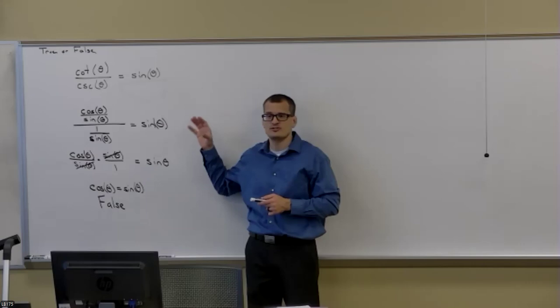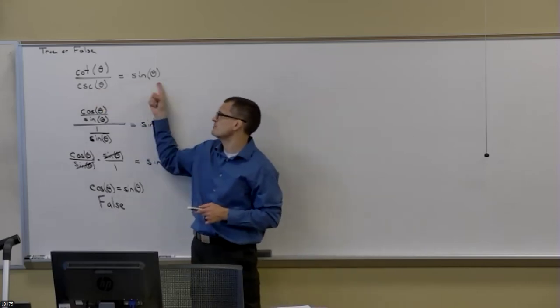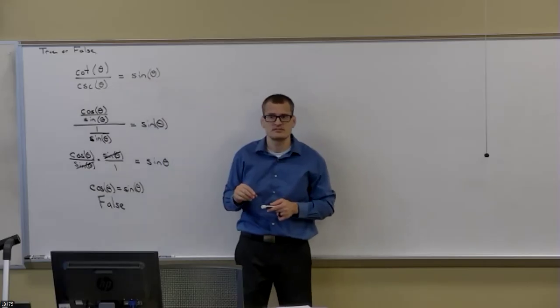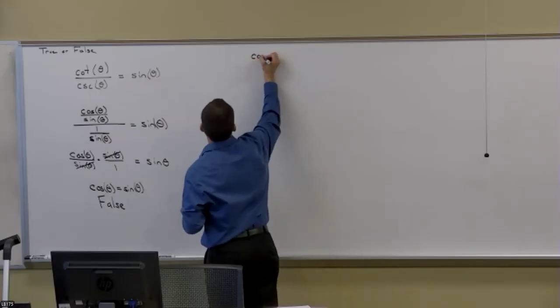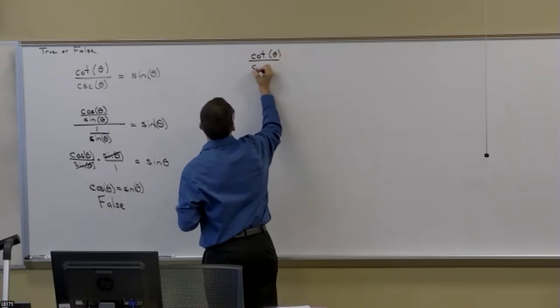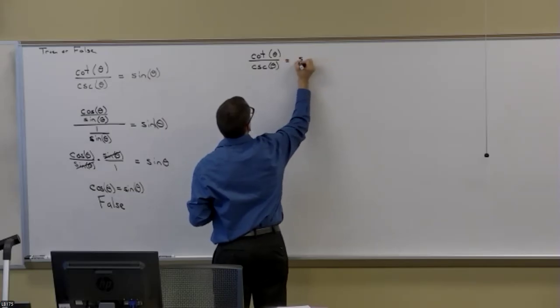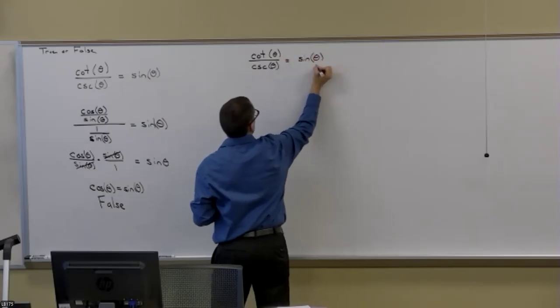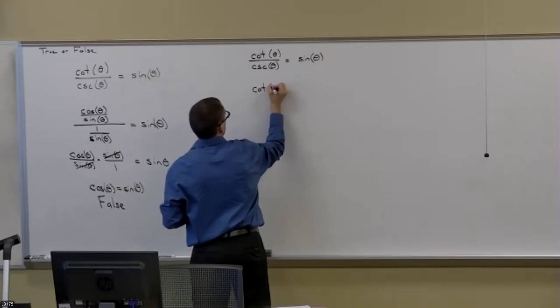There are other ways you could have gone through this. You could have tried to multiply both sides by cosecant. Does that make sense? You could have done that. So let me just go through that other path, or one other path. If you said, well, let's start this expression and multiply both sides by cosecant.